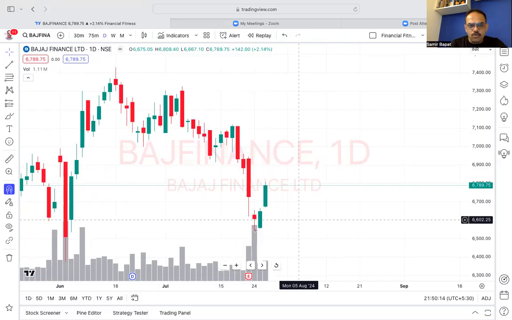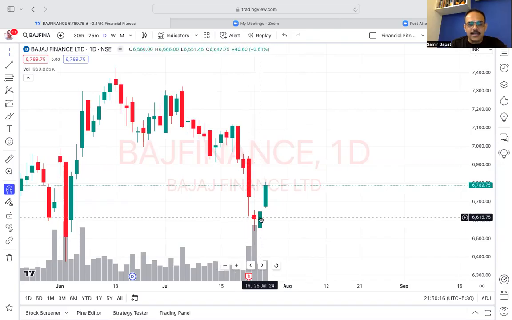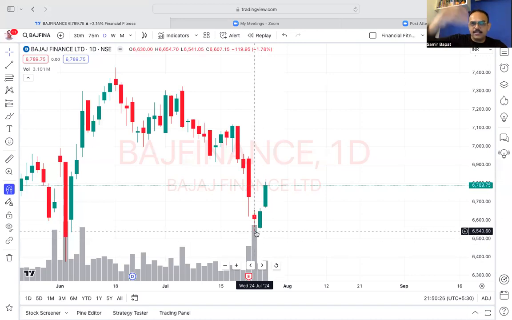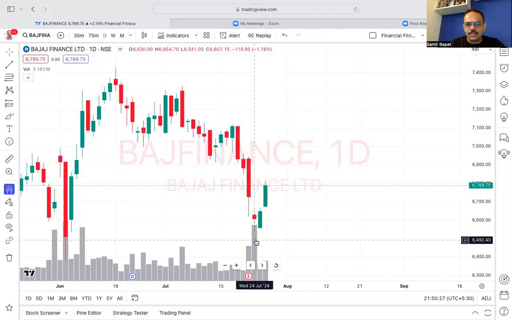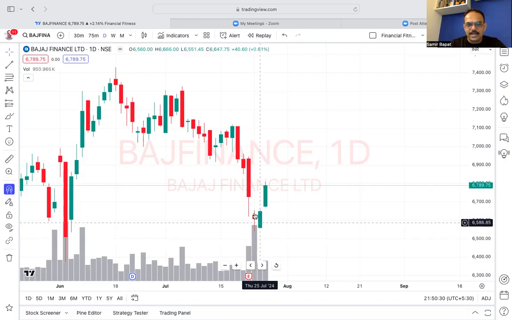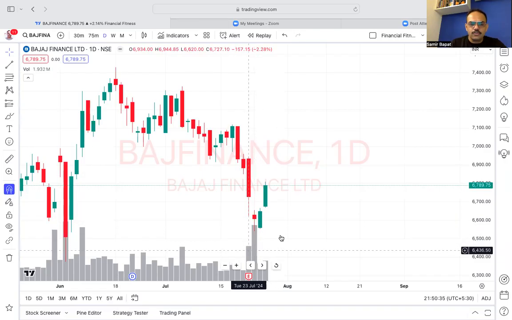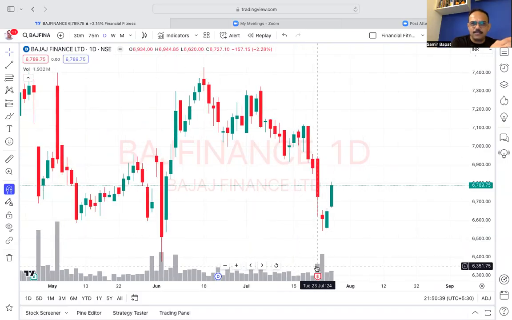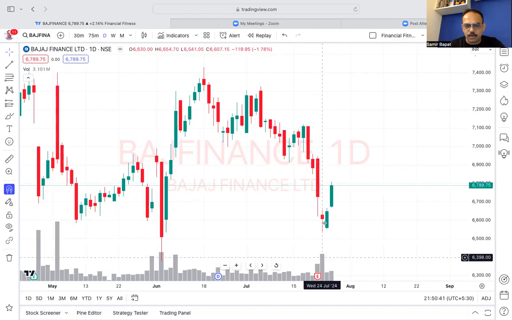Rule number two, either of these candles should have volume. Volume is the number of shares traded. These are the volume pillars demonstrated here. The volume of one of these candles should be greater than the previous 4 to 5 days' candles.